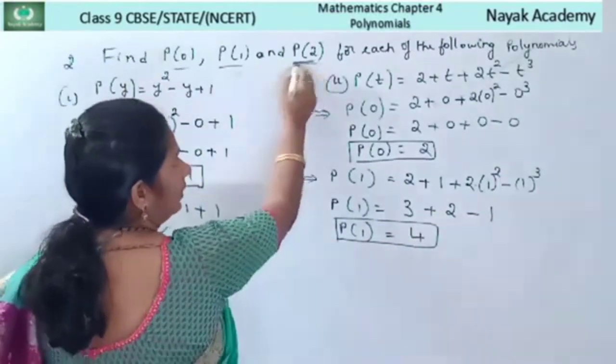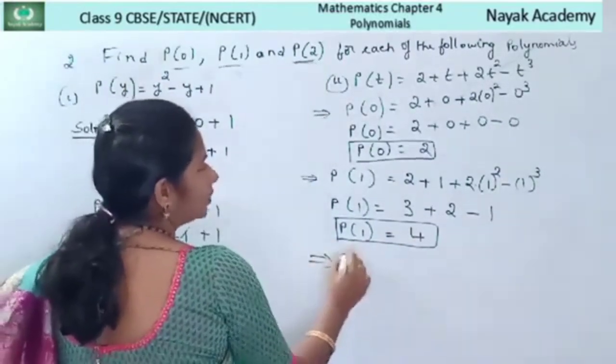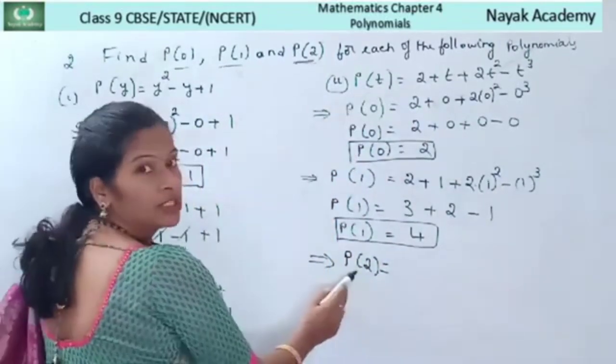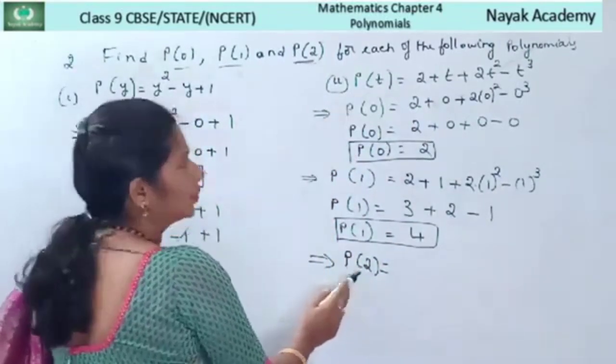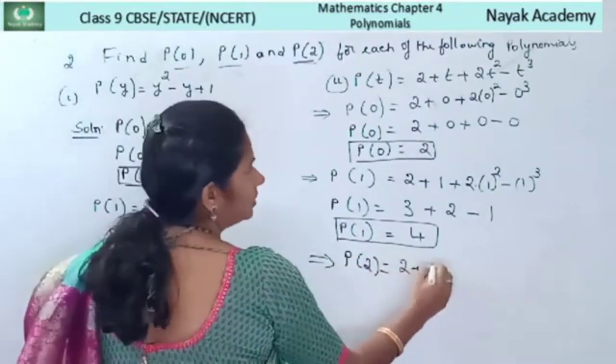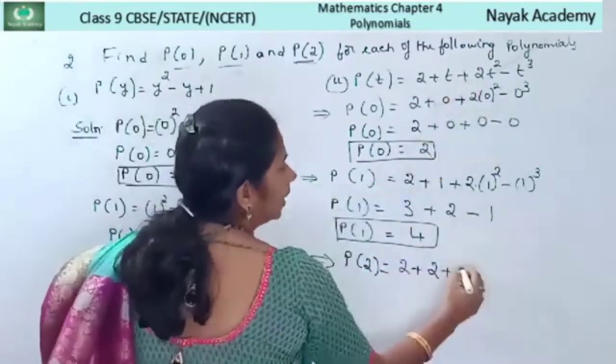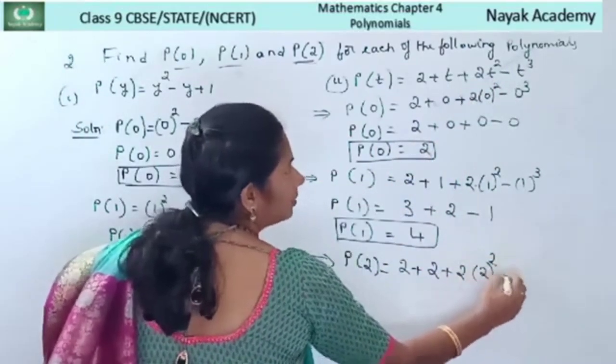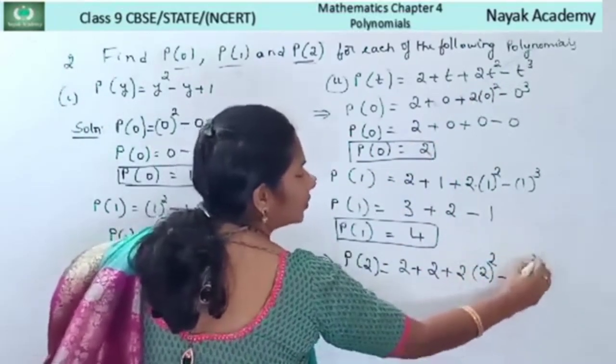Now let us find the value of p of 2. So p of 2 equals, what we have to do, children? In place of t, we have to substitute the value of t as 2. So it is 2 plus 2 plus 2, write as it is. In place of t, you substitute the value as 2 minus 2 cube.